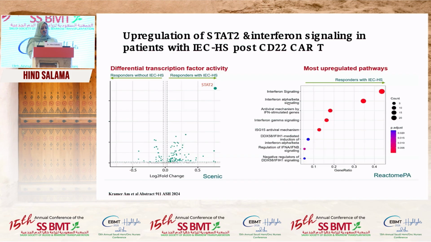They found that patients who had IEC-HS had high upregulation of STAT2, while patients who did not develop HLH-HS did not have any STAT upregulation. Moreover, there is more upregulation of interferon gamma and interferon alpha in those patients. So baseline high interferon gamma and high STAT2 will put those patients at risk of developing IEC-HS.